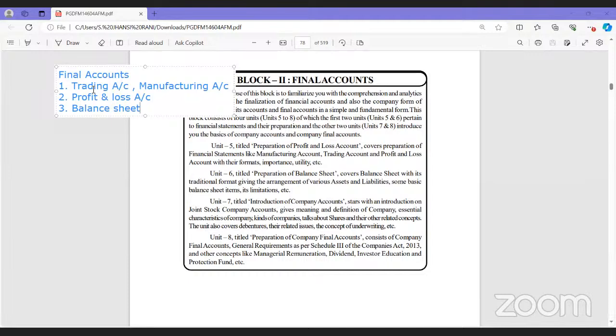So whenever I say trading account, let us see what all it includes. Account here means a ledger account. It will have a debit side and a credit side.